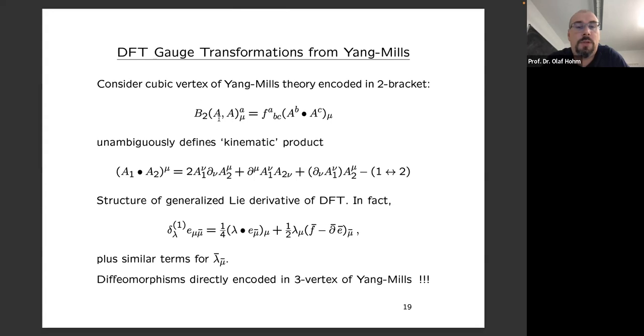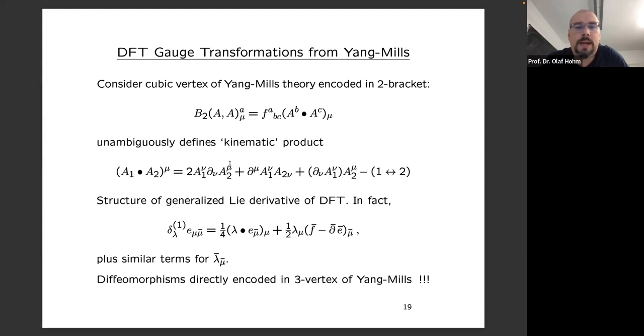So if you look at the B2 on the Yang-Mills theory side, and you take out the structure constant, so that's the color stripping we have now done several times, and you just give a name to what's left. I called here bullet product between two objects, some sort of kinematic product, or it's part of the M2. And then you write down what it is explicitly. Is this expression here between two vector fields?